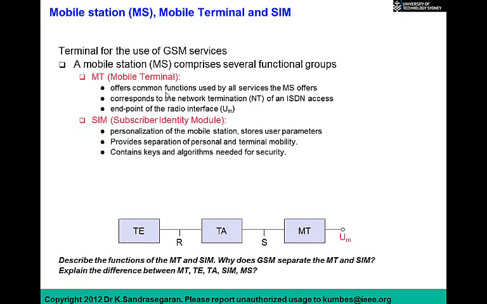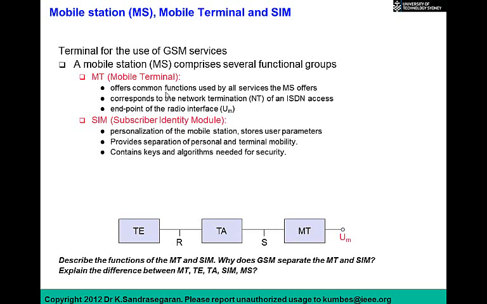And then there is the SIM module, and the SIM within the mobile terminal contains information about the subscriber and the services that they are subscribed to, and there is a close association between the SIM and data in the authentication center. It should be possible to take any SIM and put it on any mobile terminal and still be able to use the services of the network.